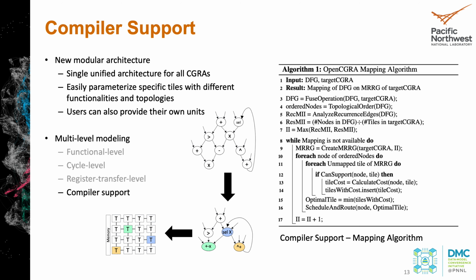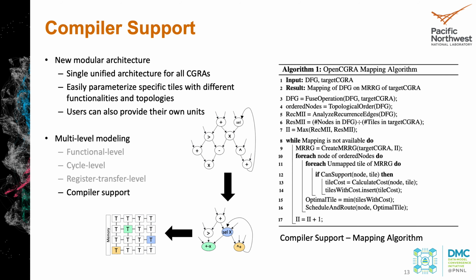So if there is a complex functional unit in the CGRA design, the corresponding operation pattern supported by the functional unit found in the DFG has the higher priority to be mapped onto that functional unit. So the other operations, probably the basic simple operation like the addition and multiplication, right? They could be mapped onto the other basic functional units.